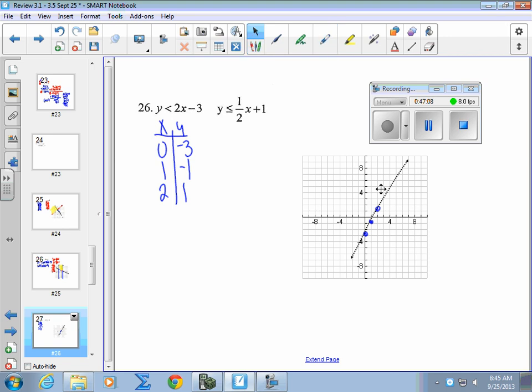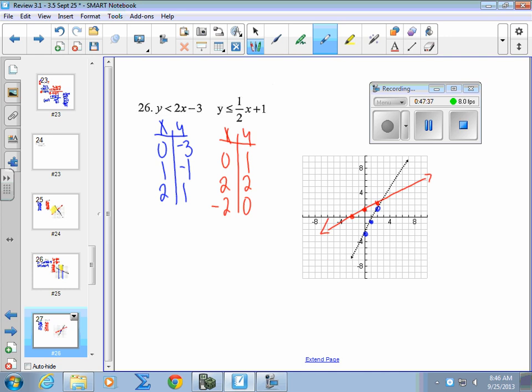The next equation we read. We plug in 0, we get 1. We plug in 2, we get 2. We plug in negative 2, we get 0. We have 0 and 1. We have 2 and 2. We have negative 2 and 0.